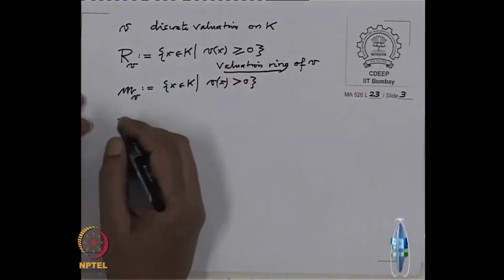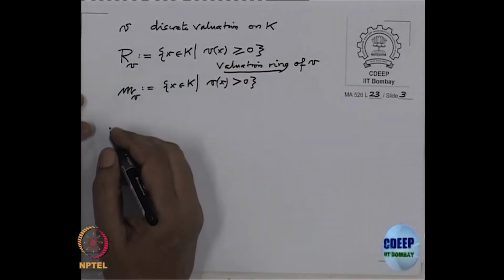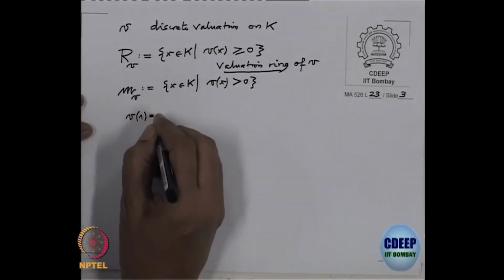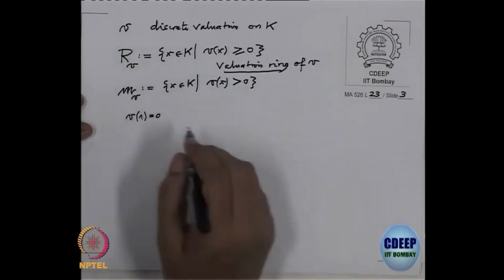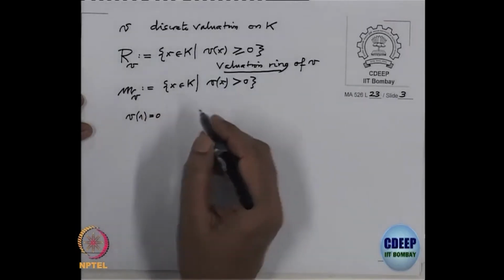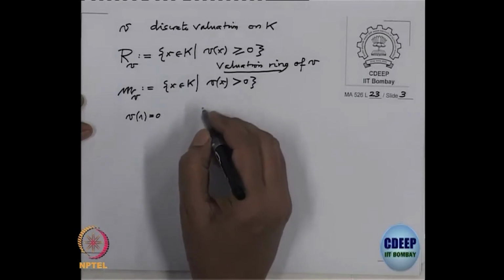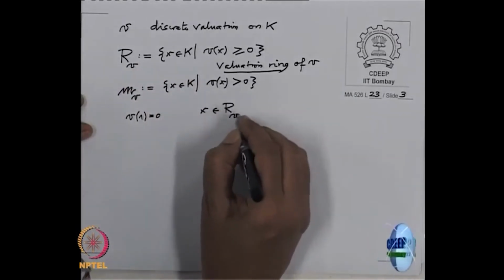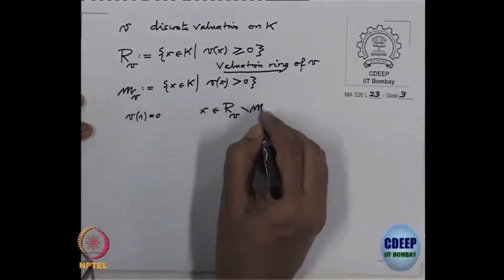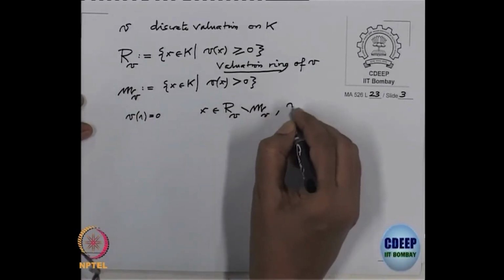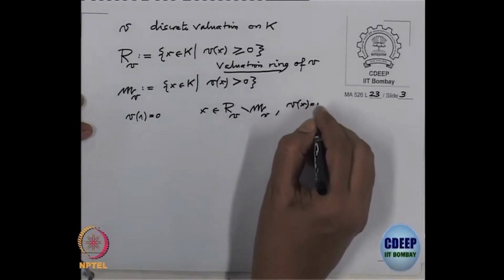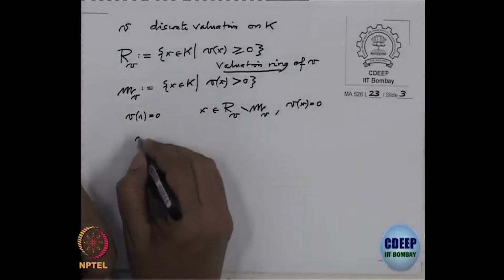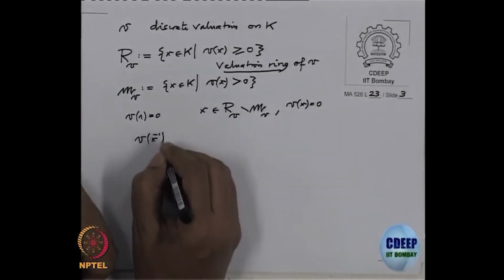It is now very easy to check that first of all we know V of 1 is 0 because it is a group homomorphism. If x is in RV but not in MV, then V of x must be 0, and once this is 0, V of x inverse is also 0.